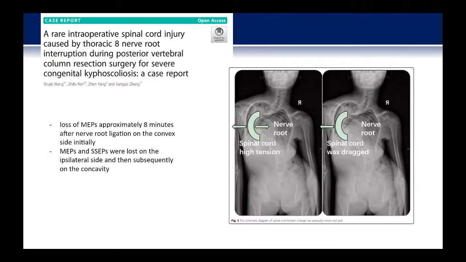And I don't know, we clamped it for 3 minutes, and in this case, they lost their signals after 8 minutes. So maybe the nerve root needs to be clamped for longer than that in the future, especially for severe coronal plane abnormalities where the stretch on the cord might be problematic.